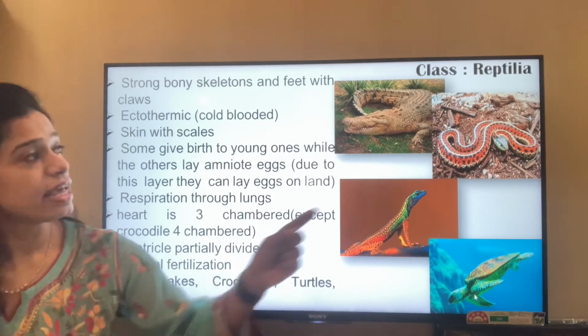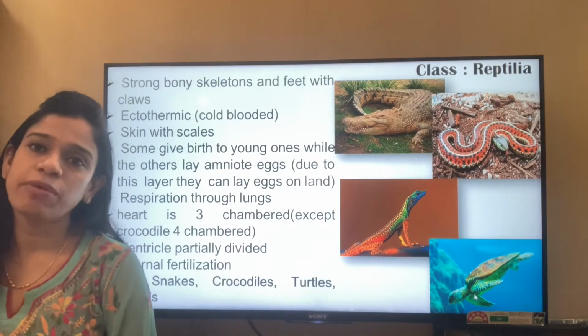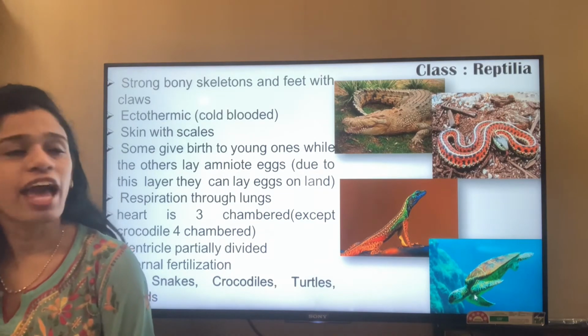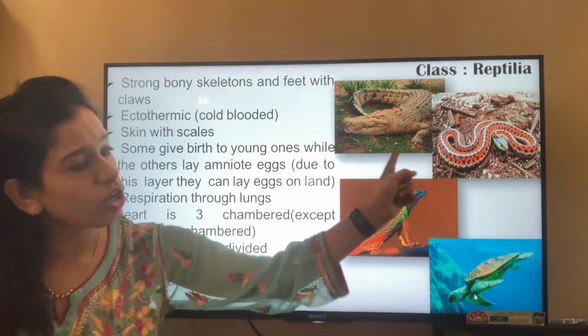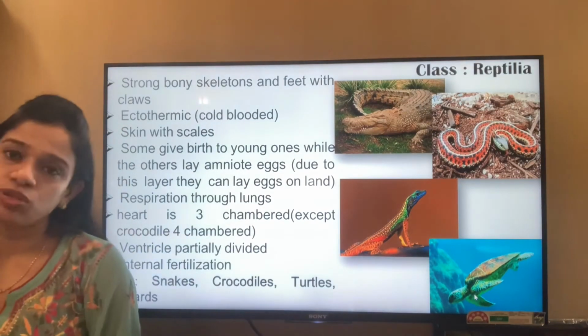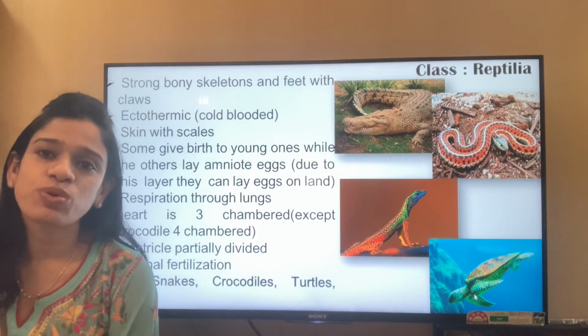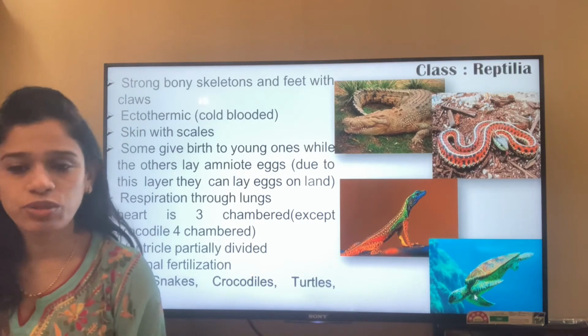You can see these projections which protect the crocodile, and they have feet with particular claws. They have feet with claws, and they are ectothermic in nature, that is they are cold-blooded, that is they do not have a fixed body temperature. The temperature changes according to the environment.